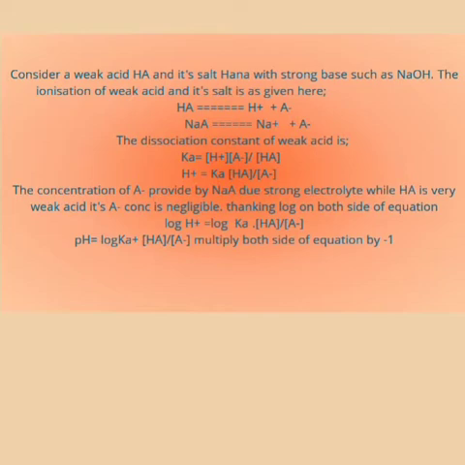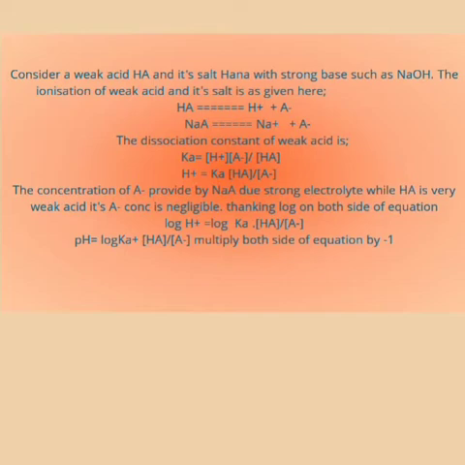Then we get negative log of hydrogen ion equal to negative log of Ka and similarly negative log of the molar concentration of HA divided by the molar concentration of A negative.